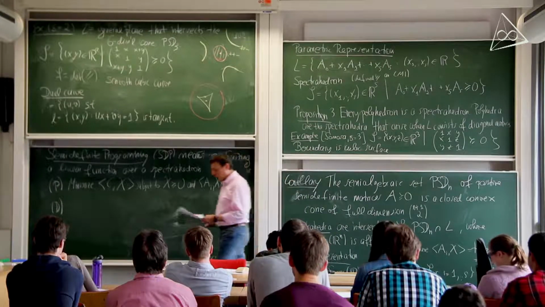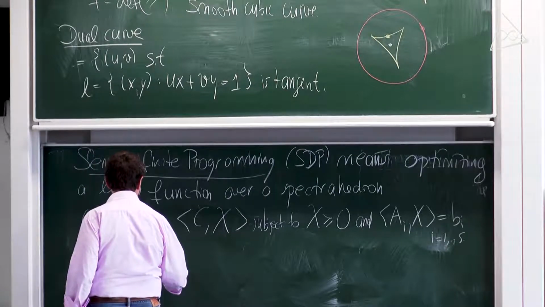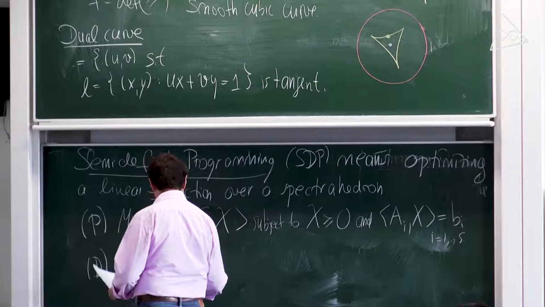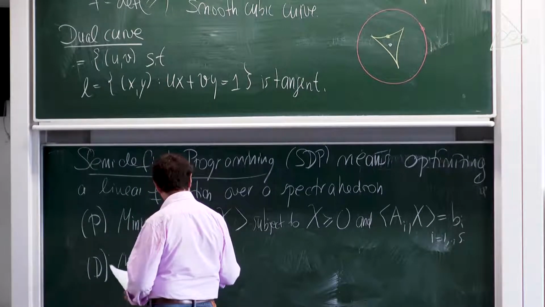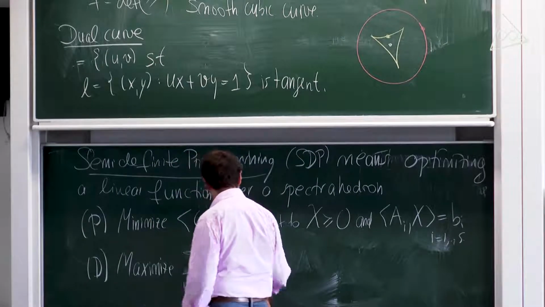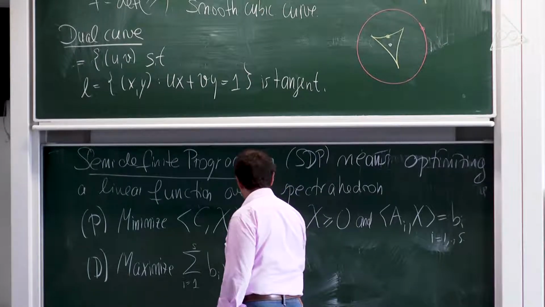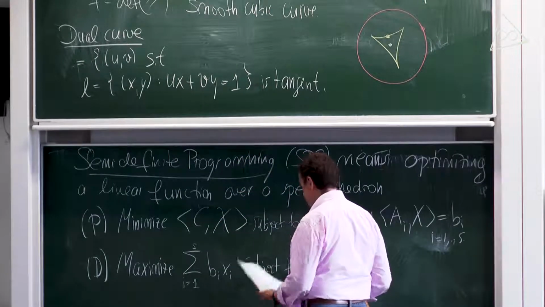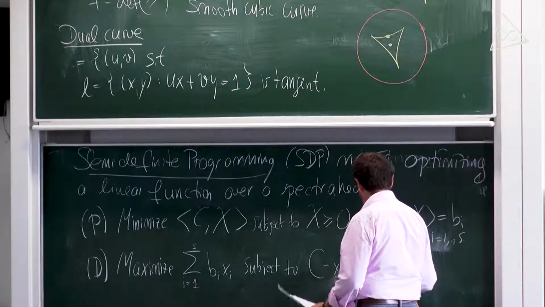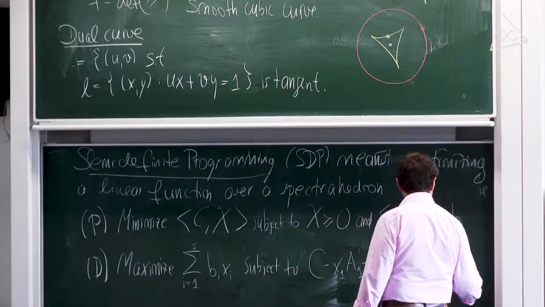In the dual formulation, the dual to this is in the other formulation. So min becomes max. So now I maximize the sum, i from 1 up to s, bi xi, subject to C minus x1 A1 minus ... minus xs As positive definite.